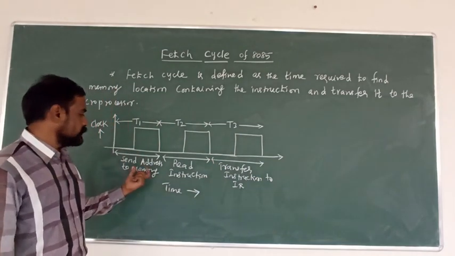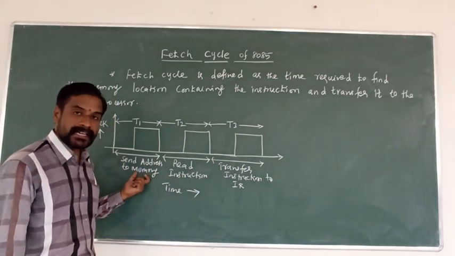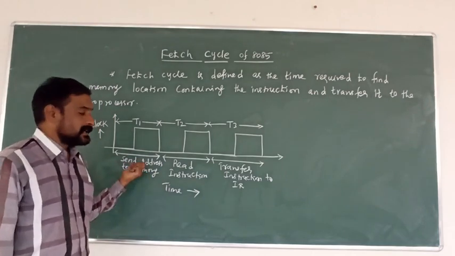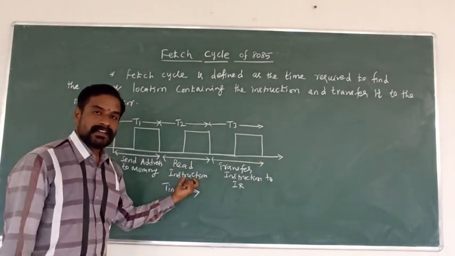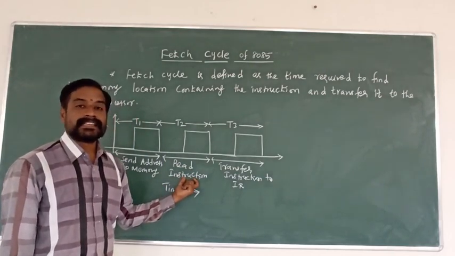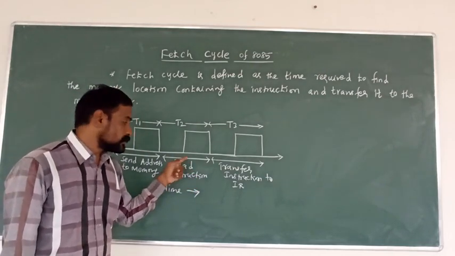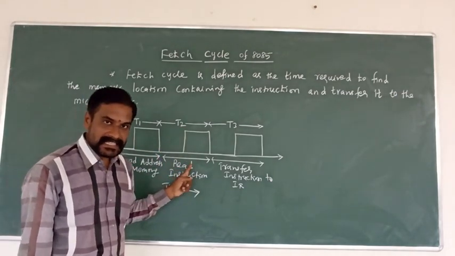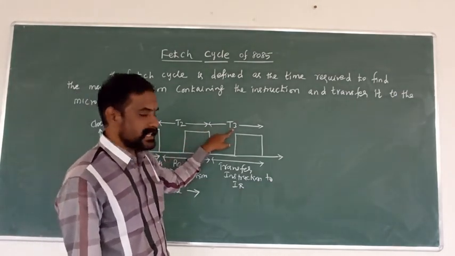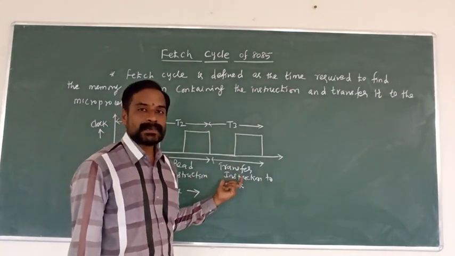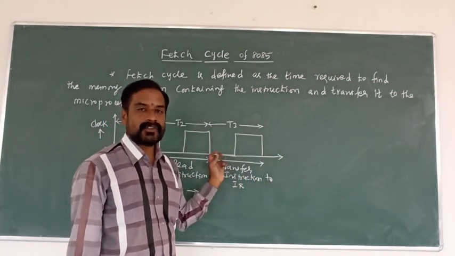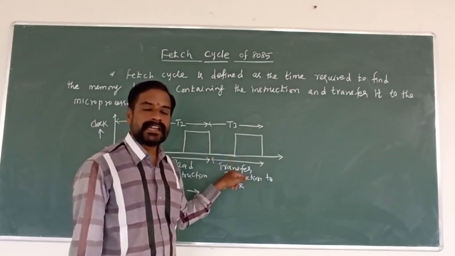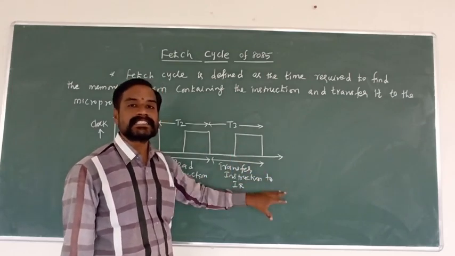First, the T1 state is to find the memory address of the given instruction. Now to read it, T2 state is required, and the third T state is to transfer the instruction from memory to the instruction register.